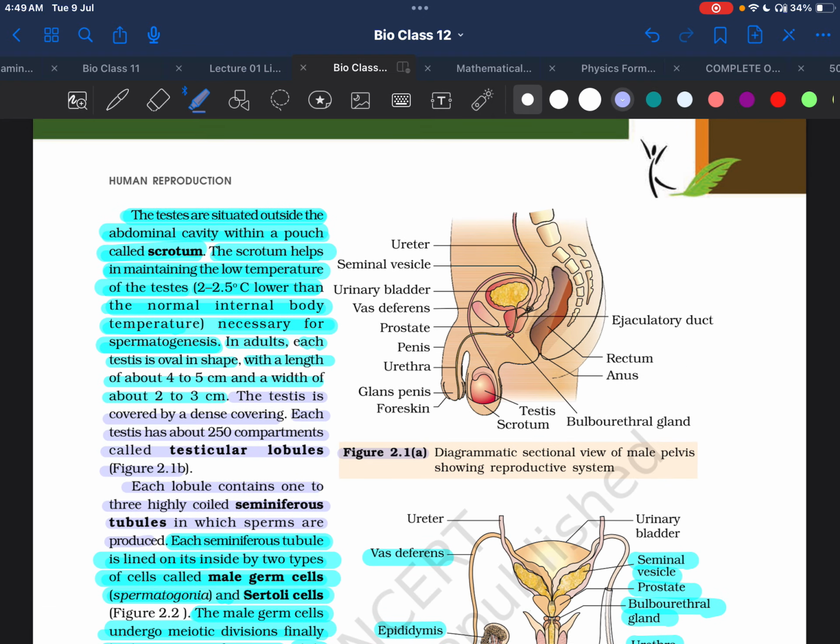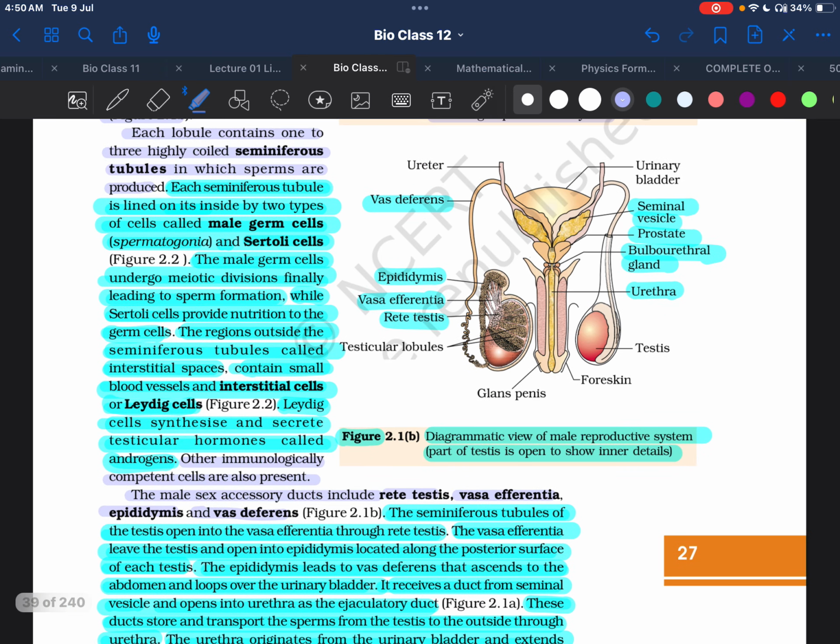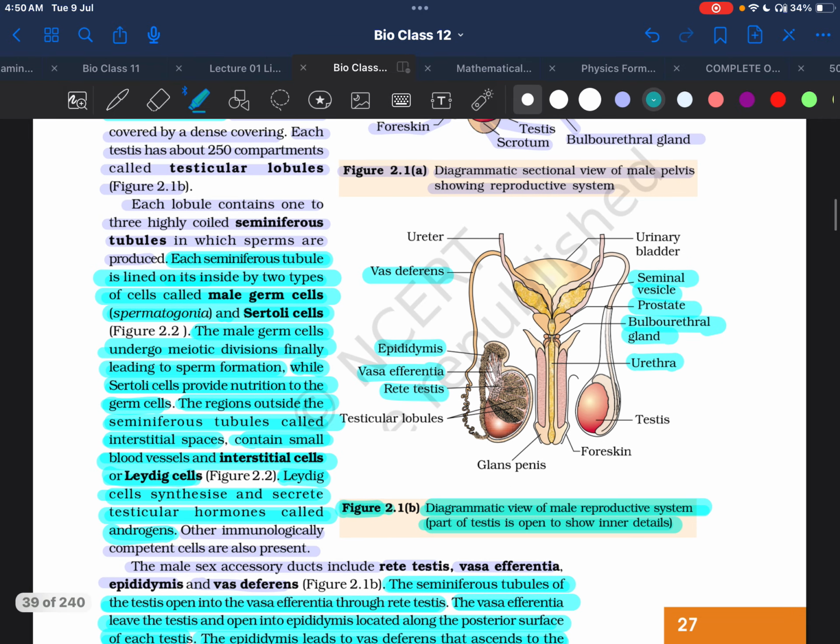Figure 2.1a Diagrammatic sectional view of male pelvis showing reproductive system. Ureter, seminal vesicle, urinary bladder, vas deferens, prostate, penis, urethra, glans penis, foreskin, testes, scrotum, bulbourethral gland, anus, rectum, ejaculatory duct. Figure 2.1b Diagrammatic view of male reproductive system. Part of testes is open to show inner details.